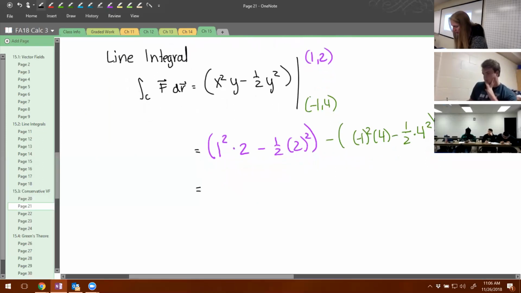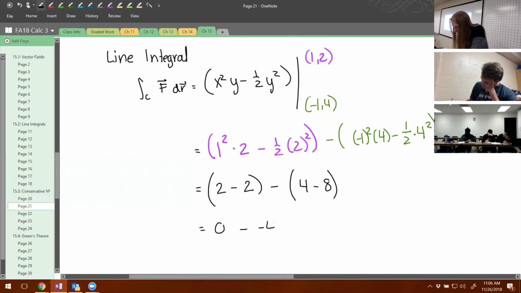We get 1 squared is 1 times 2 is 2. 2 squared is 4 times 1/2 is 2. That gives us 1 times 4, and 4 squared times 1/2. So 0 minus -4, or just positive.